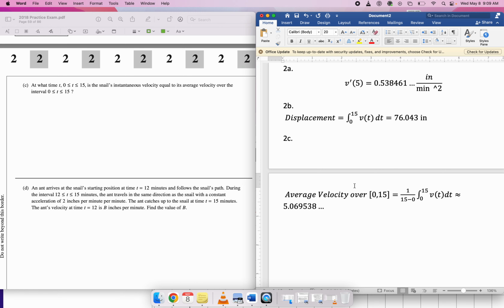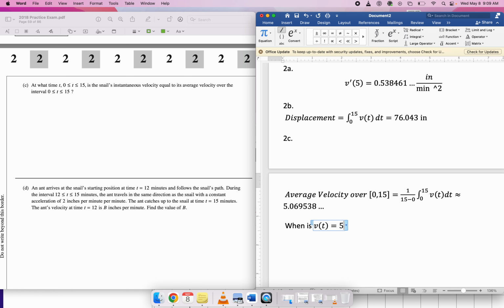When is the instantaneous velocity equal to that number? The instantaneous velocity is just v. So we're asking, when is v of t equal to 5.069538, right? That's our question.